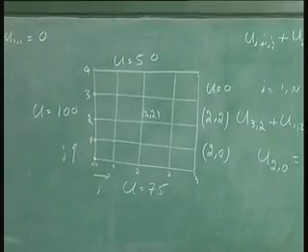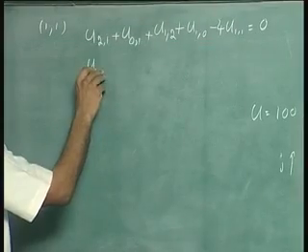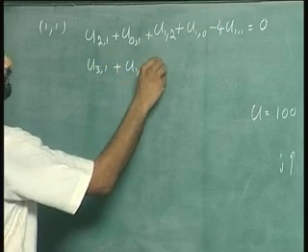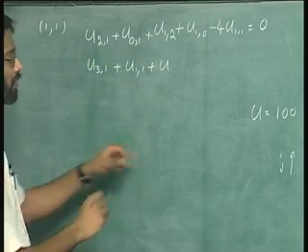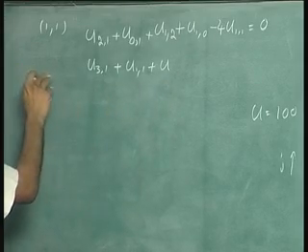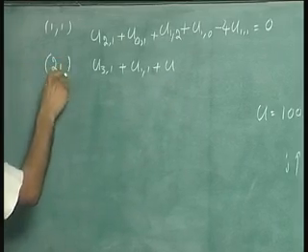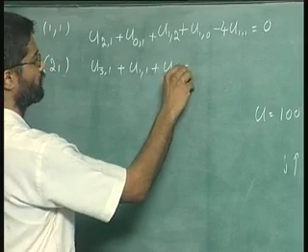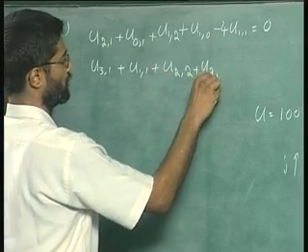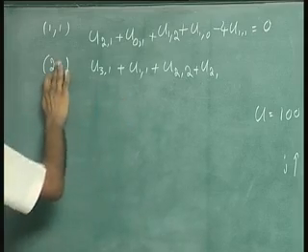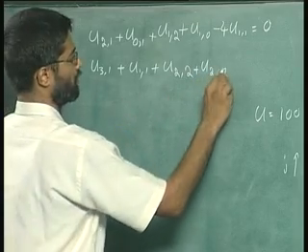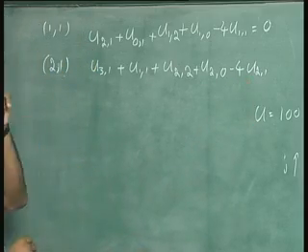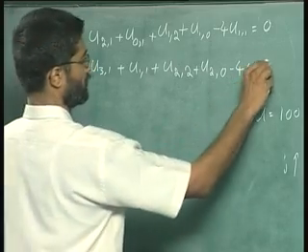So when I write for 2 comma 1, I will have u 3 comma 1 plus u 1 comma 1 plus u 2 comma 2 plus u 2 comma 0 minus 4 u 2 comma 1, that's equal to 0.